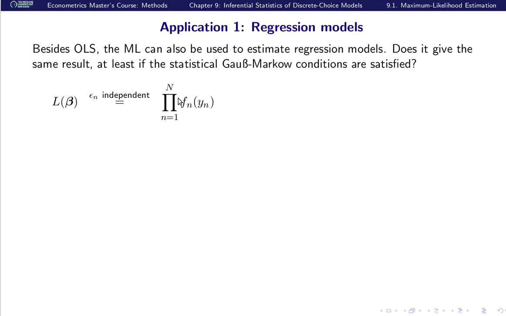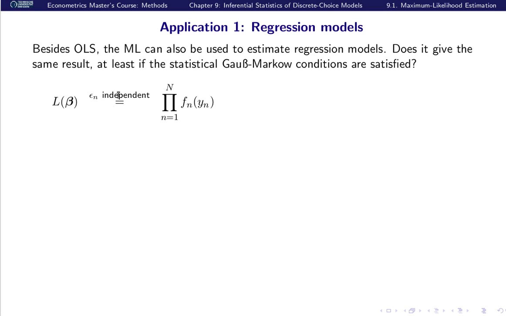Regression models are continuous. That means we need the probability density. The multi-dimensional probability density is this, because the stochastic terms of the regression model according to Gauss-Markov, they are IID normal distributed with expectation 0 and a constant variance.